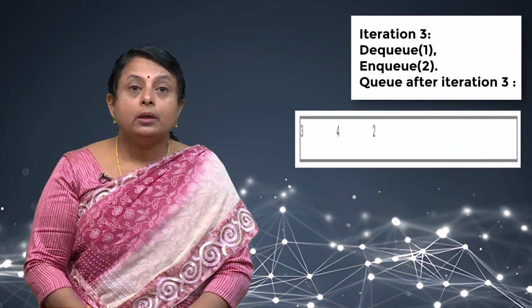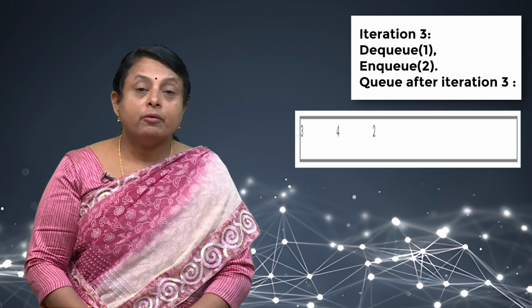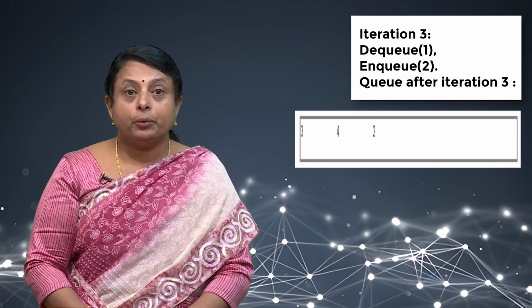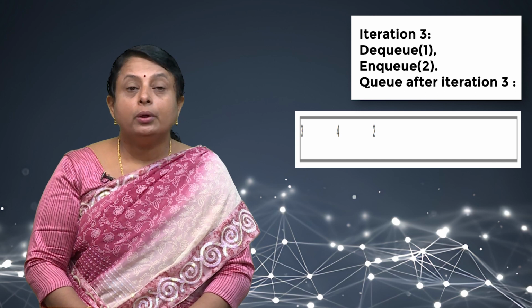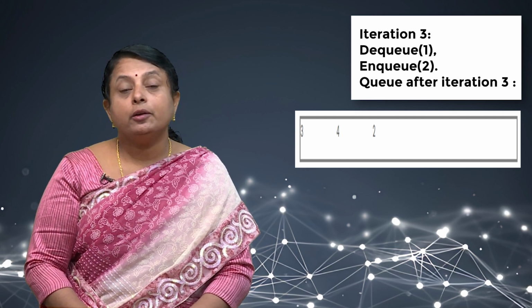Iteration 3, now dequeue 1, removing 1 from the front end of the queue. Enqueue 2. Q after iteration 3 will be having 3 nodes, 3, 4 and 2. Iteration 4, DQ 3, NQ 5, 5 is the adjacent node of 3.